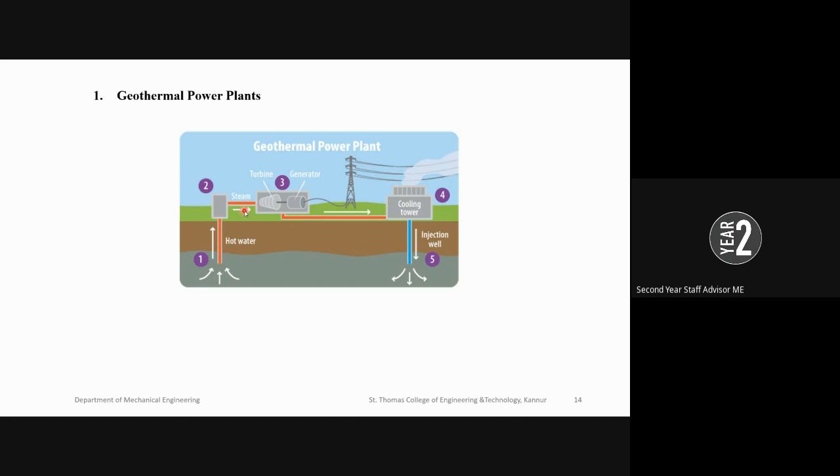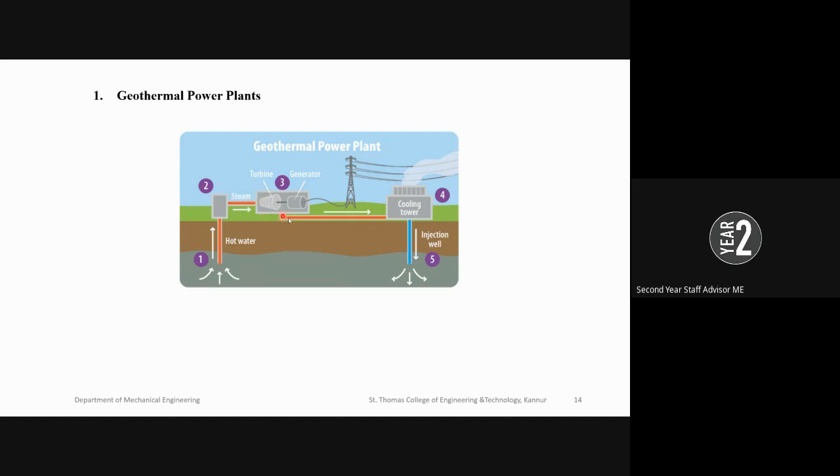This steam is allowed to spin or rotate the turbine, which is connected to a generator by a shaft, and this generator will produce electricity. After expanding in the turbine, the steam will be cooled.